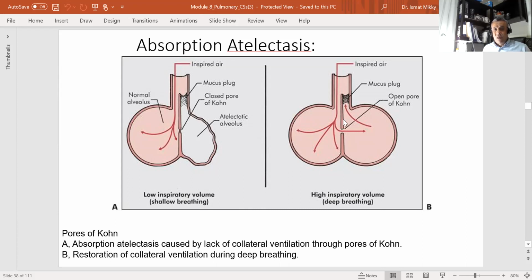But both describe the absorption atelectasis, which would result from the removal of the air from obstructed or hypoventilated alveoli, or sometimes from the inhalation of concentrated O2 or the inhalation of the anesthetic agent.